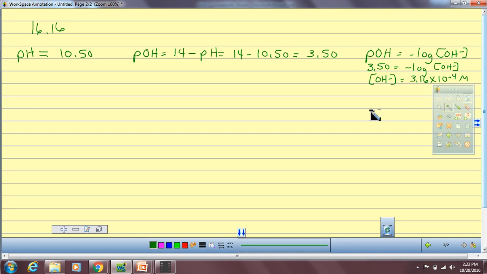Since we have our hydroxide concentration, we can use Kb. The Kb expression, we need the equation first.